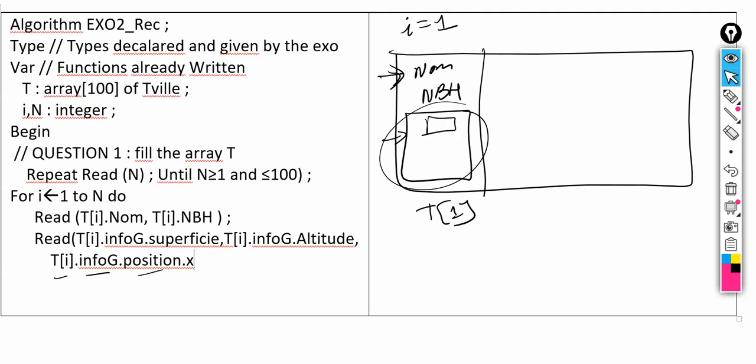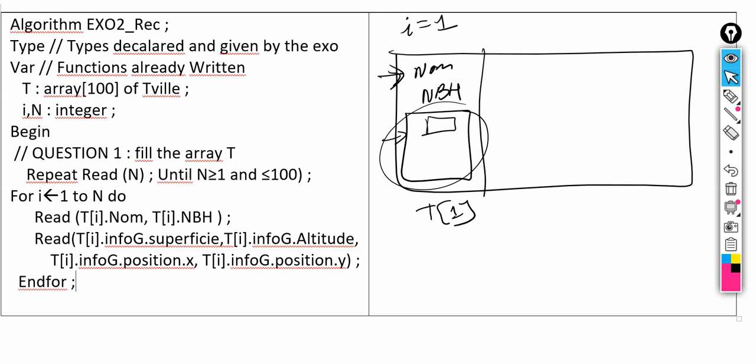And position has inside the field X. So the same thing applies for Y. All right. This is how we do. TI dot M4G dot position dot Y. That's it. So I finished with the first question.